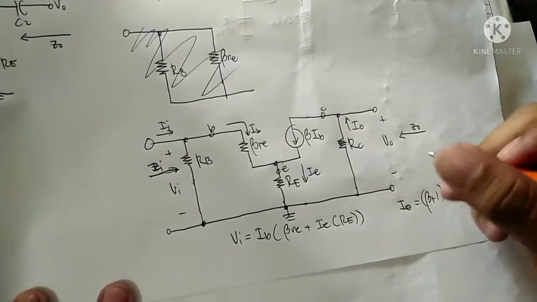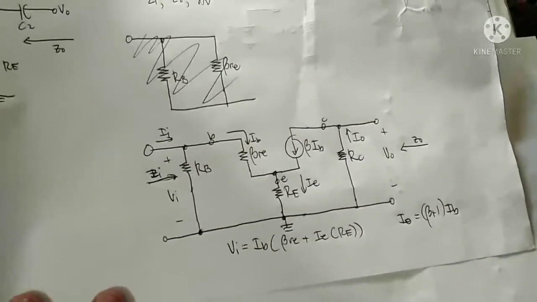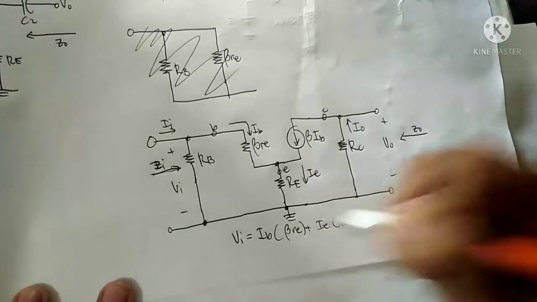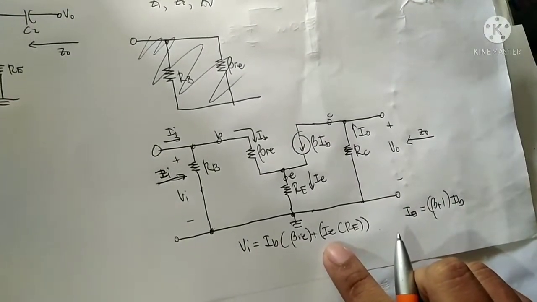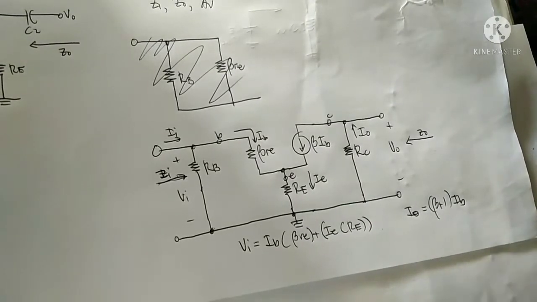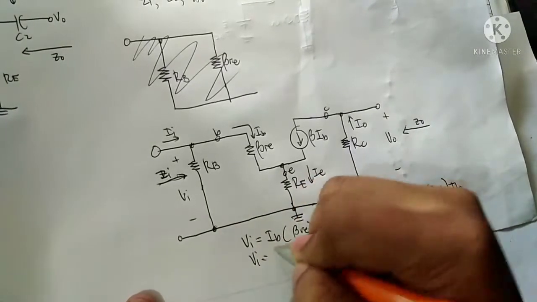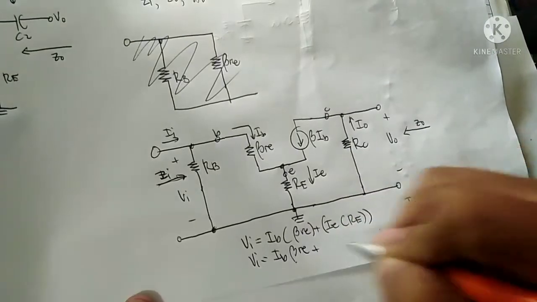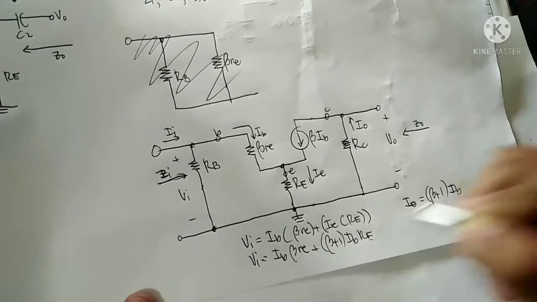So substitute this here. Therefore Vi is equal to ib beta re plus (beta plus 1) times ib RE.